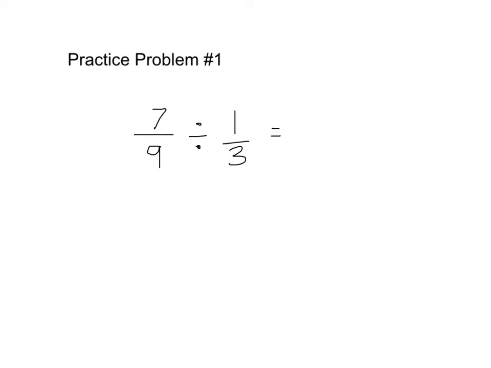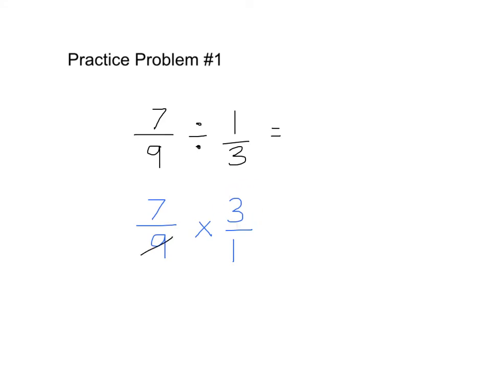Practice problem number 1. Pause. Okay, hopefully you remember the steps to solving this problem. We're going to take 7/9 and multiply by 3/1. I'm going to find places where I can cross cancel, which will be right here. 3 goes into 9 and 3 also goes into 3.